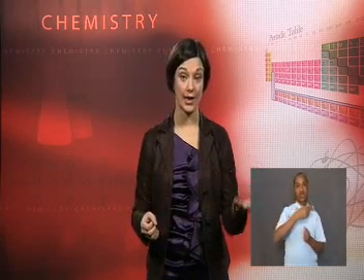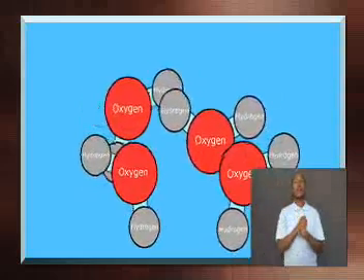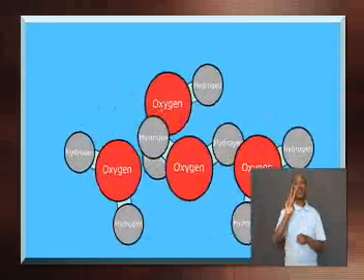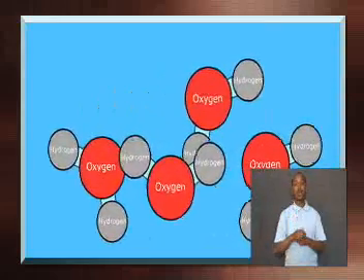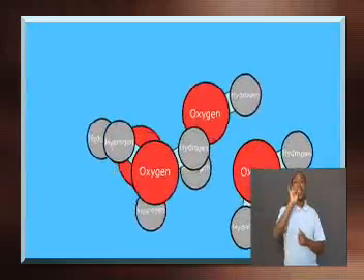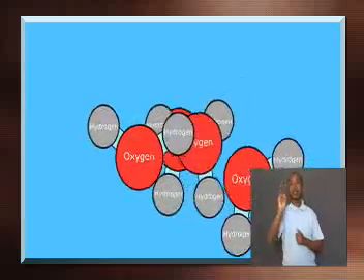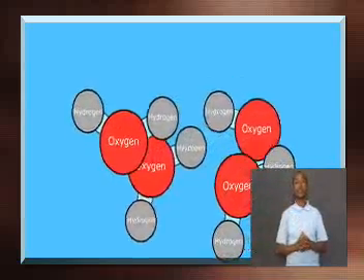With H2O, the same proportions of hydrogen and oxygen remain. Water is made up of 11.2% hydrogen and 88.8% oxygen, a ratio of 1 to 8 by mass of hydrogen to oxygen.